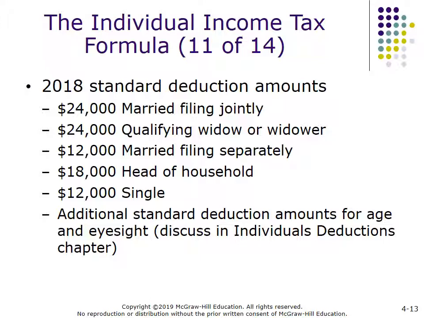So if those personal expenses, medical, state and local income taxes, charitable contributions, and home mortgage interest, if you're married filing joint and your itemized deductions are more than $24,000, you subtract your itemized deductions. If they're less, you subtract the standard deduction. If you're a head of household status, it's $18,000, and if you're single, it's $12,000. But there's other items that can be involved here. So these are just general amounts, just to introduce you to this concept of standard deduction.